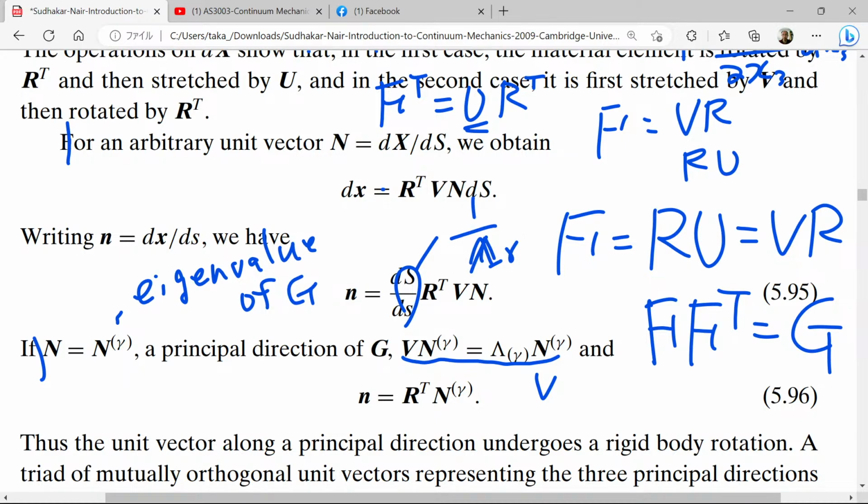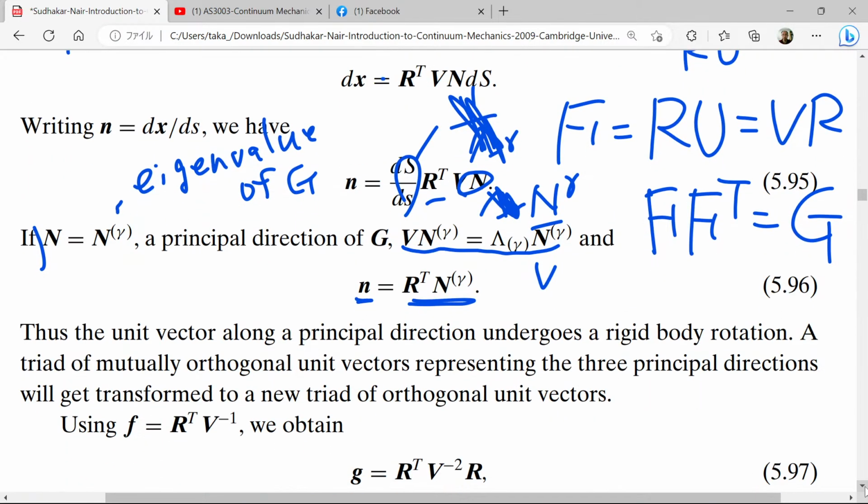So if you put here lambda gamma and gamma, then you can cancel this and this. So what is left is RT times n gamma. So this small n is RT, R transpose, large n gamma.